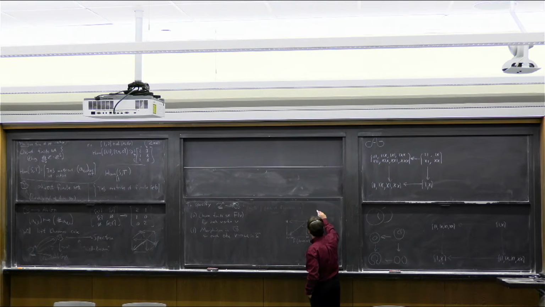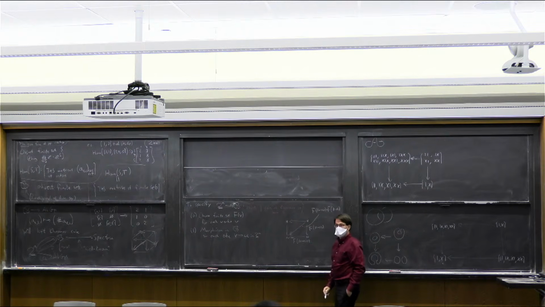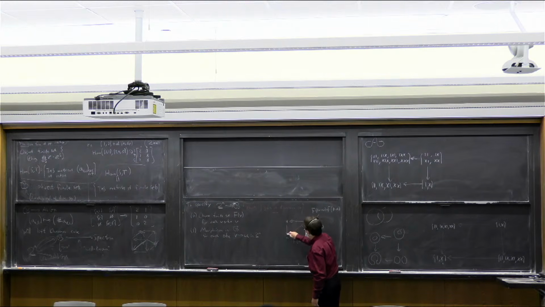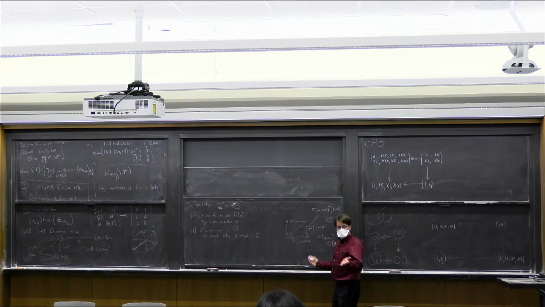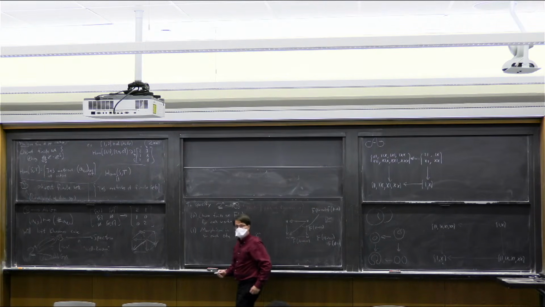So I could define this to be f of 1,0 to 0,0 composed with f of 1,1 to 1,0. But I could equally well have defined it by going along this edge and that edge: f of 0,1 to 0,0 composed with f of 1,1 to 0,1. Well, I'd better not have two completely unrelated definitions for this arrow.